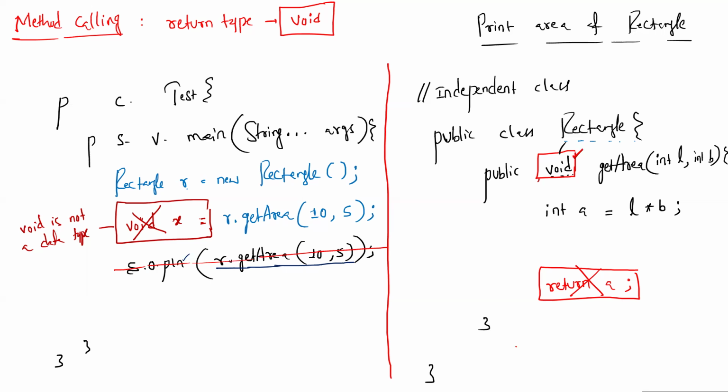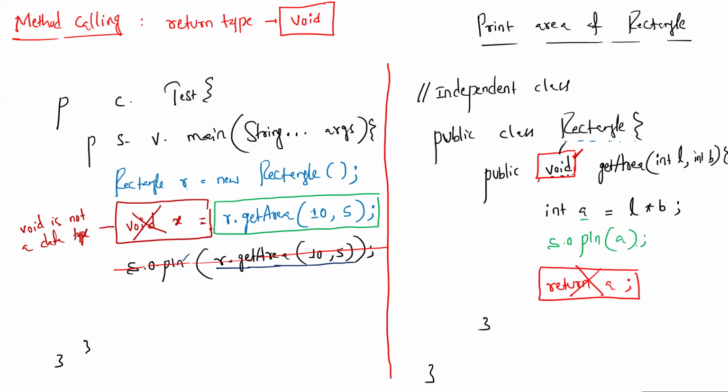Then what is the possibility? The third approach is to call the method from main, and inside this method body, after having this line of code, we can use a print function to print the variable, right?